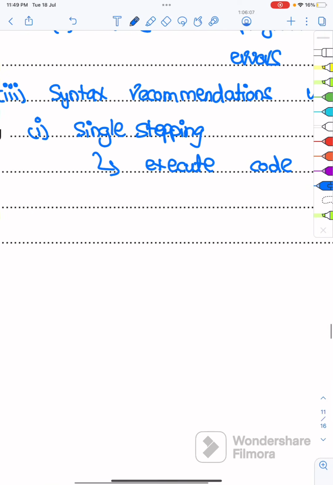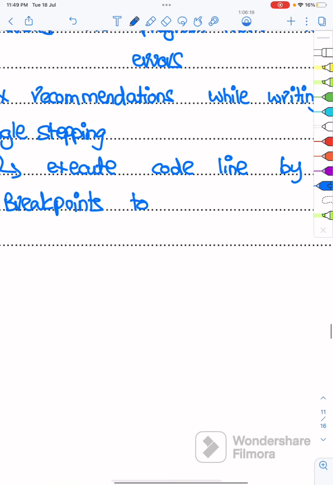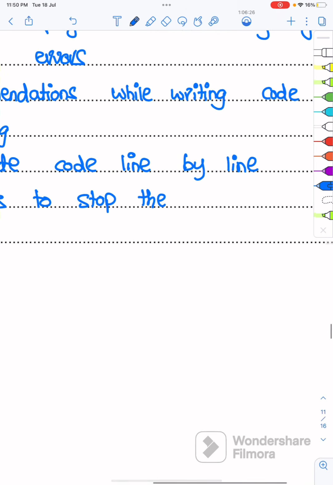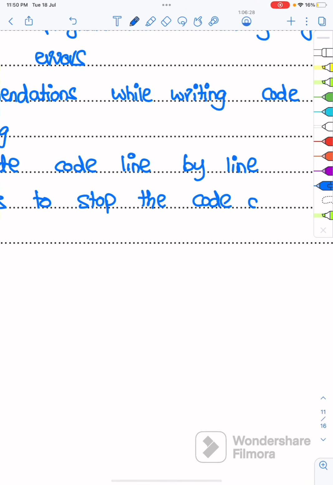You can use breakpoints. The feature is breakpoints, to stop the code and check certain values.